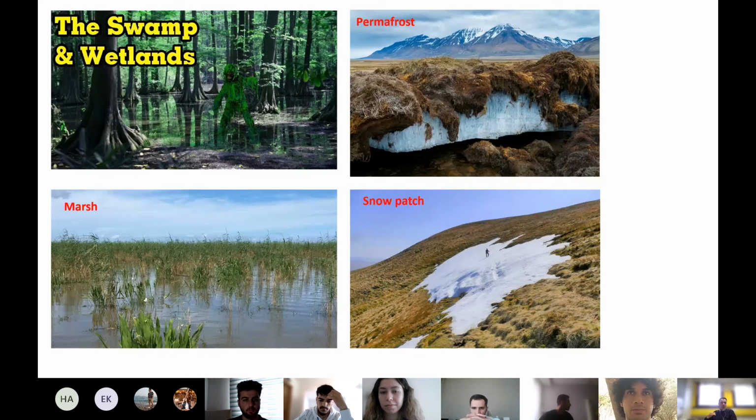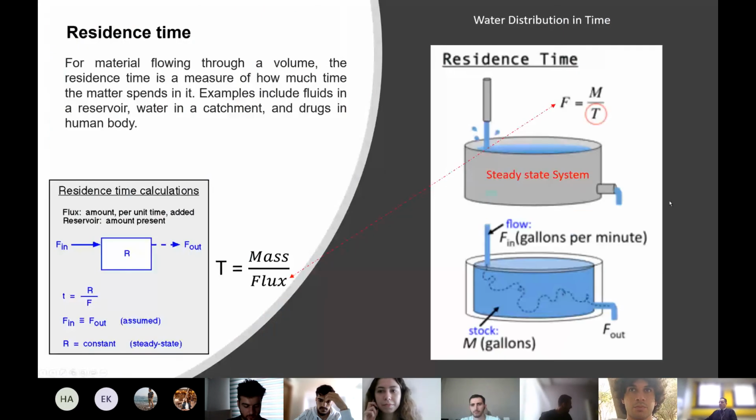It keeps the soil wet. It provides soil moisture for a long time, and also contributes in the evaporation component of the hydrologic cycle at local scale.